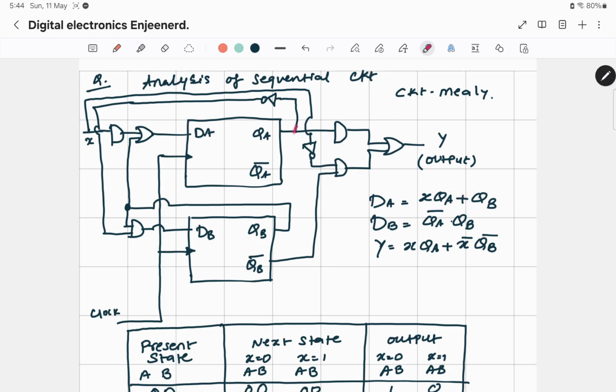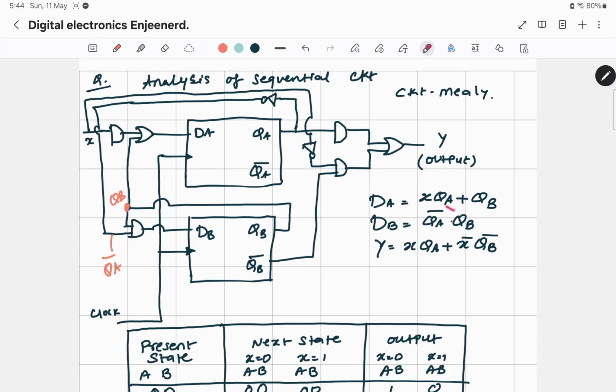So if I check here, this is QA. QA becomes QA bar and goes here. So I have a QA bar here in dB. So this line is QA bar and this is QB.